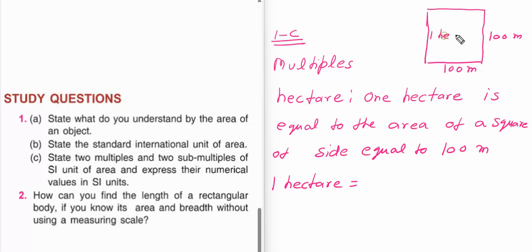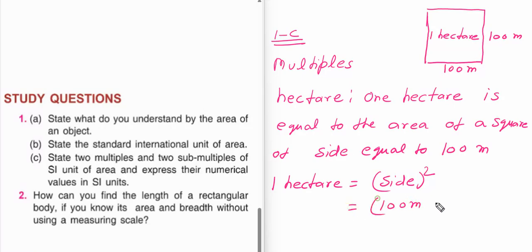You know, beta, the area of 1 hectare is equal to the area of a square of side 100 meter, and the area of a square is equal to the square of its side. Now 100 meter whole square.